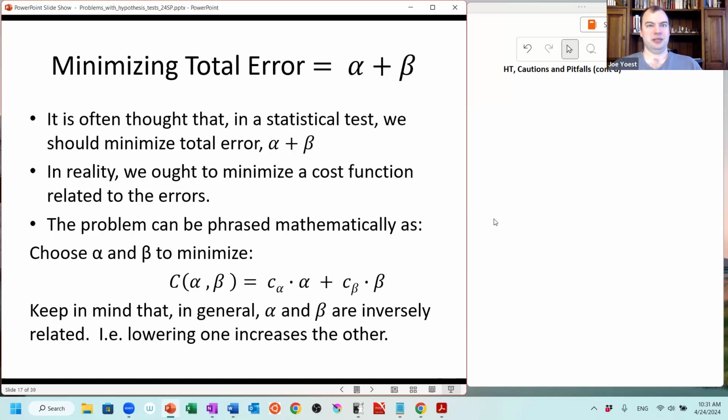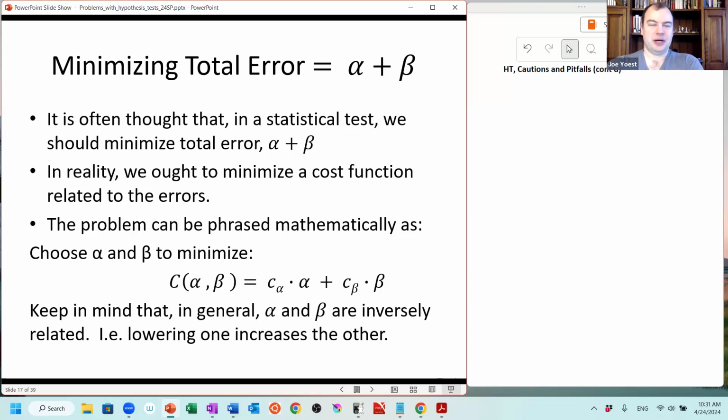Maybe we would want alpha to be even lower. Sometimes a type 2 error is much more costly. Maybe we want beta to be lower and we accept a higher alpha. Maybe we just say, well, alpha and beta are both errors. Can we find a way to minimize the total error? So what should our approach be here? We might be interested in asking that question.